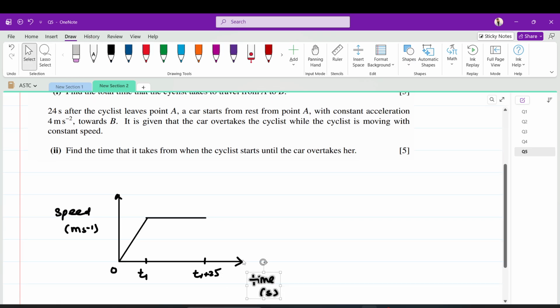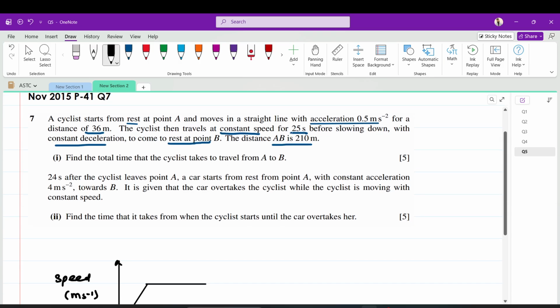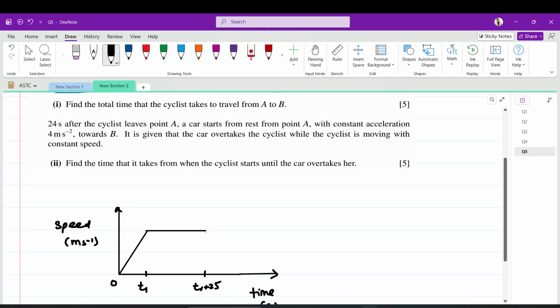Might have to extend this a little bit. Then it says after traveling for 25 seconds at a constant speed, it then slows down with a constant deceleration and ultimately comes to rest. So that is your third stage of the journey.